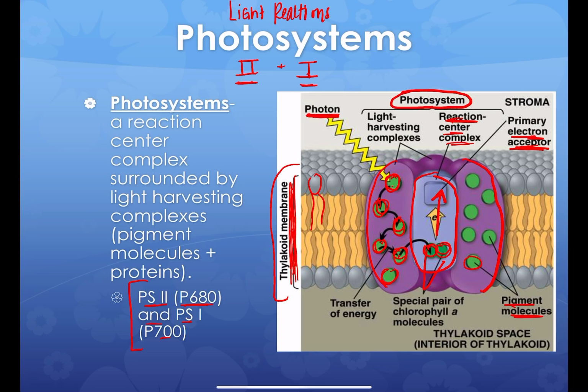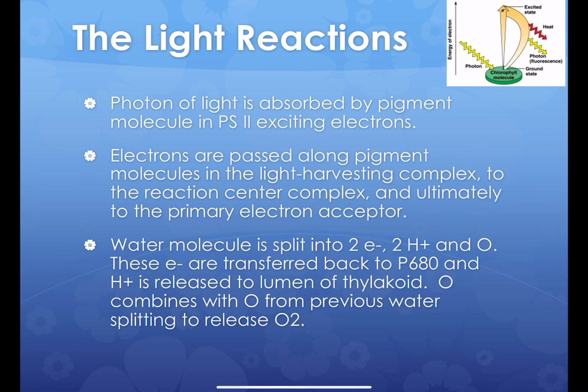Okay, so that's what those numbers represent there. But again, we are trying to harvest this energy in the form of photons from the sun. So as these electrons get excited, we are capturing that energy and passing it on to the primary electron acceptor. Okay? So let's go on.